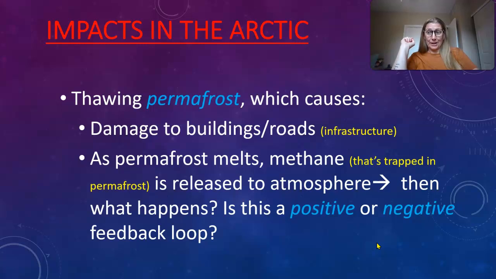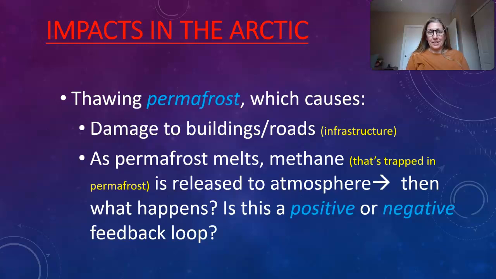A non-human impact that is important to know. Permafrost traps methane, and it sequesters that methane away and kind of keeps it out of the atmosphere, and that methane stays in the permanently frozen soil. But permanently frozen soil, not accurate anymore. It's not really permanent. So when that permafrost melts, it releases that methane, and that methane goes into the atmosphere. You should know methane is a greenhouse gas.